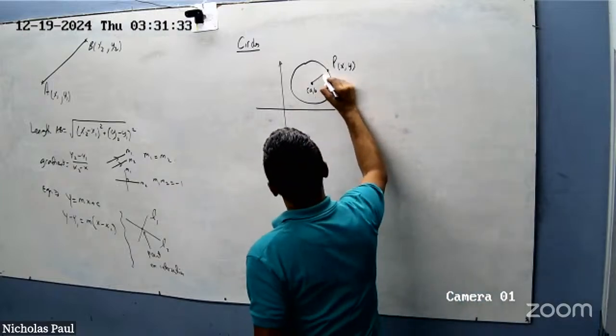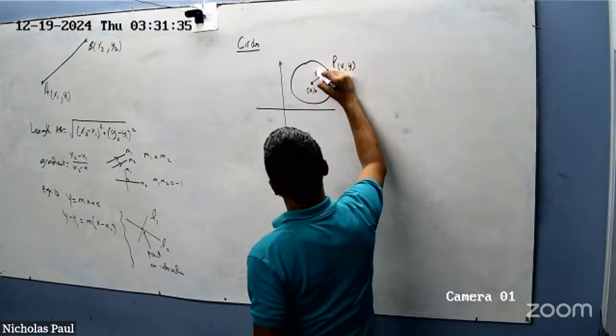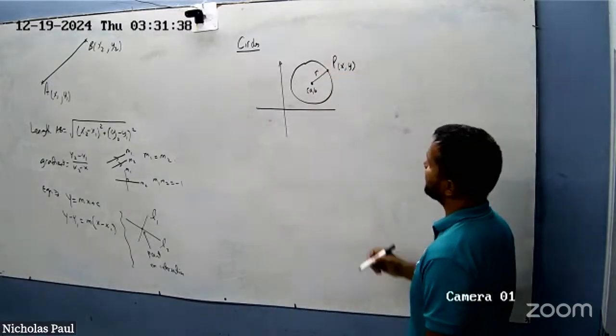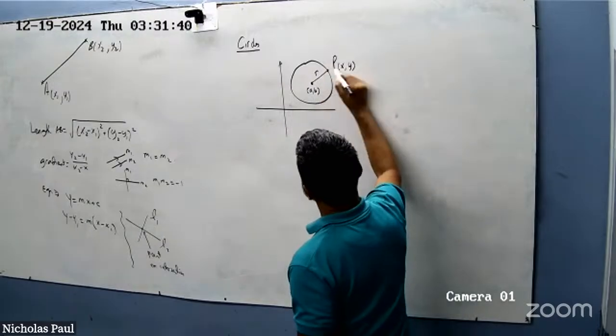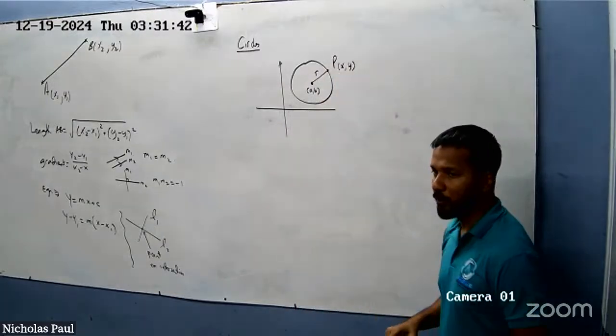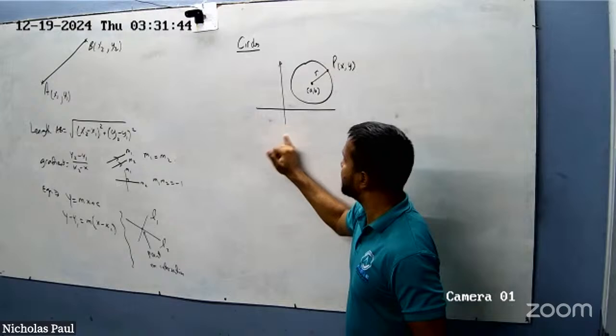Let's see if we can develop an equation of the circle. Of course, the distance from the center to P is r.